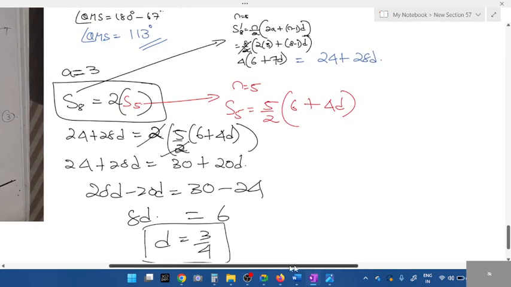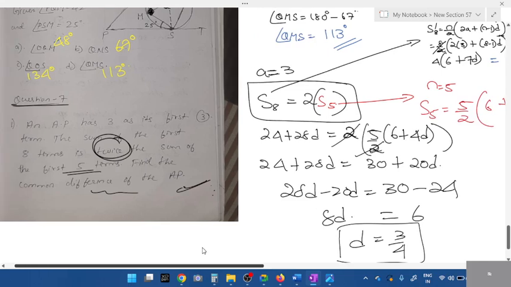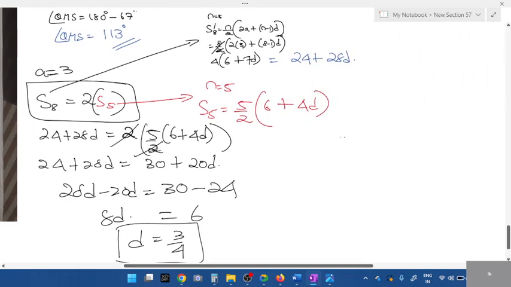Okay, sometimes they would give a statement, students. The first term is twice the sum of the eighth term is given. Or sometimes they'll give the first term. Remember this.